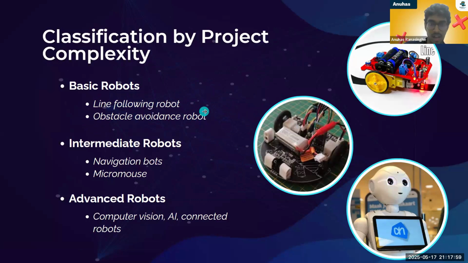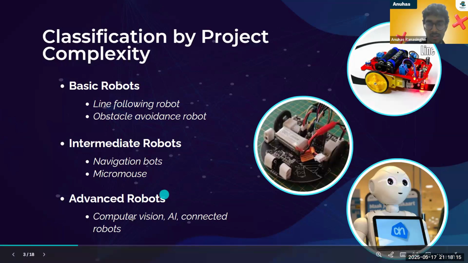First are the line following robot and the obstacle avoidance robot. I categorize them as basic robots, and the intermediate robots are navigation robots, micro mouse, and self-balancing robots like that. The advanced robots are the robots that use computer vision, AI models and ML models that run inside the robot. So those are my three categories, and I'm going to explain the controllers that we can use in each category.